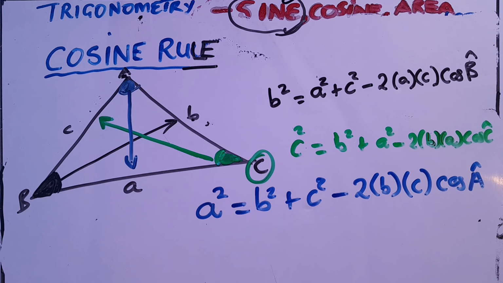That is how we can use the cosine rule. So you've seen for yourself that the cosine rule uses 3 sides and 1 angle, right?